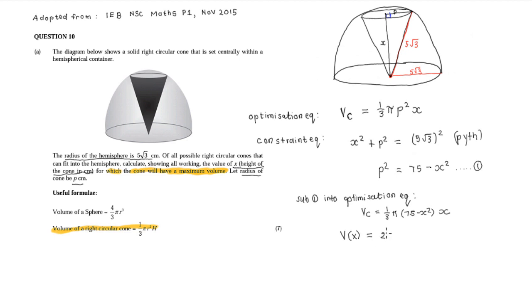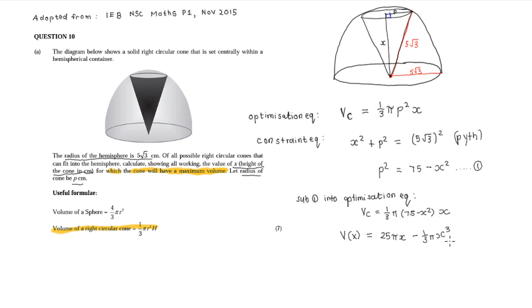So v of x is going to be equal to 25 pi x, and that comes from 1/3 pi times 75 times x. Then you're going to have minus 1/3 pi times x cubed.